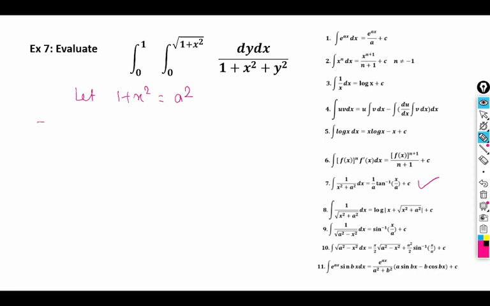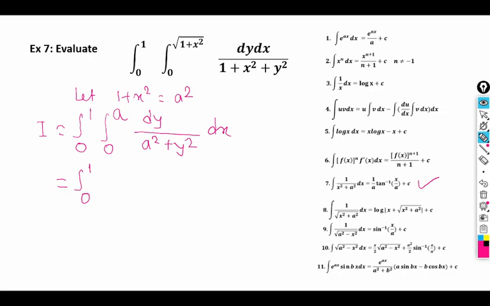So what will the double integral become now? 0 to 1, and I can write integral 0 to a, dy upon a square plus y square, and dx. See what I have done, 1 plus x square is a square, so root of 1 plus x square is a. So 0 to 1 as it is.